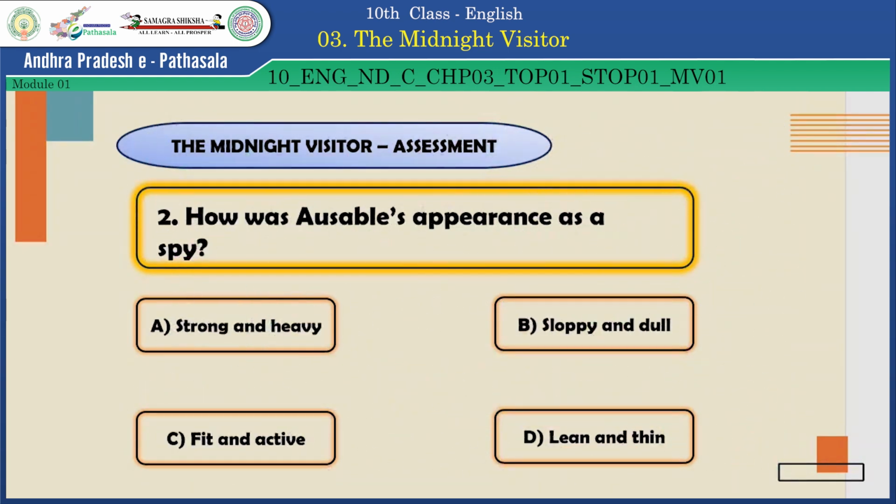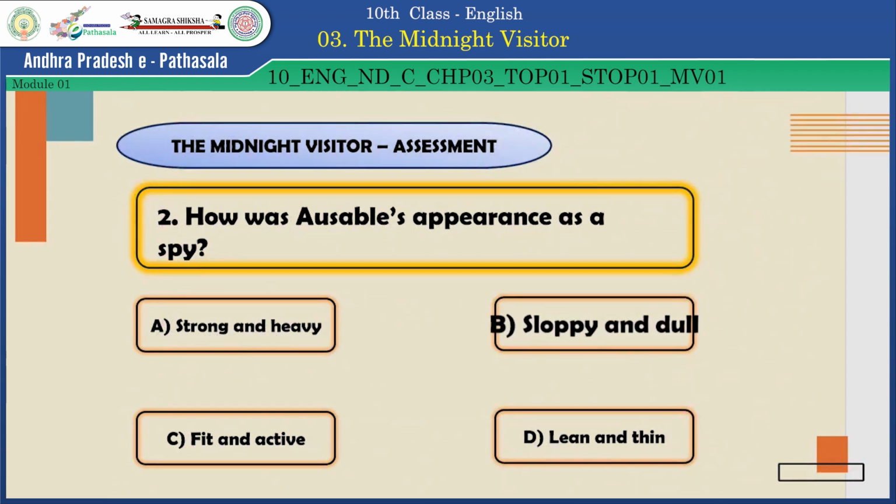Second question. How was Asabel's appearance as a spy? A. Strong and heavy. B. Sloppy and dull. C. Fit and active. D. Lean and thin. You are right. The correct answer is B. Sloppy and dull.